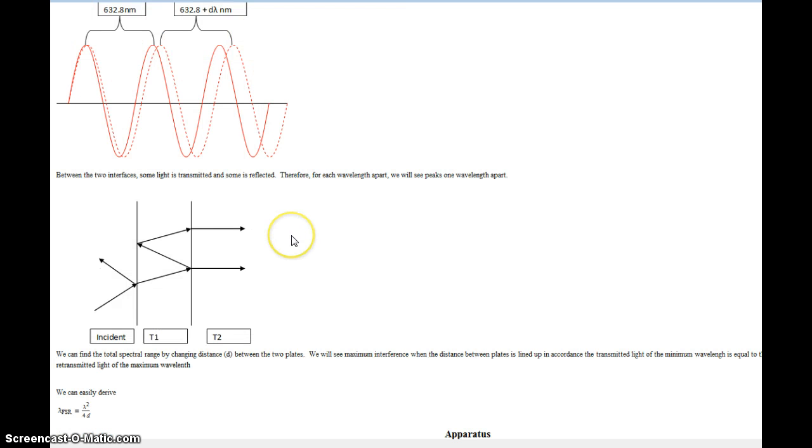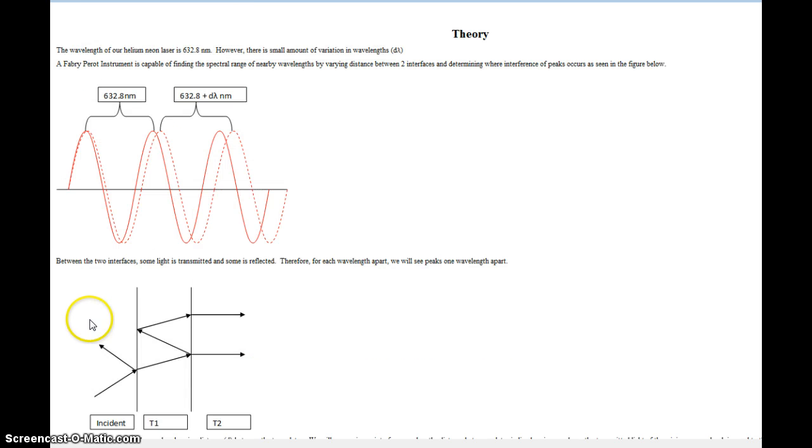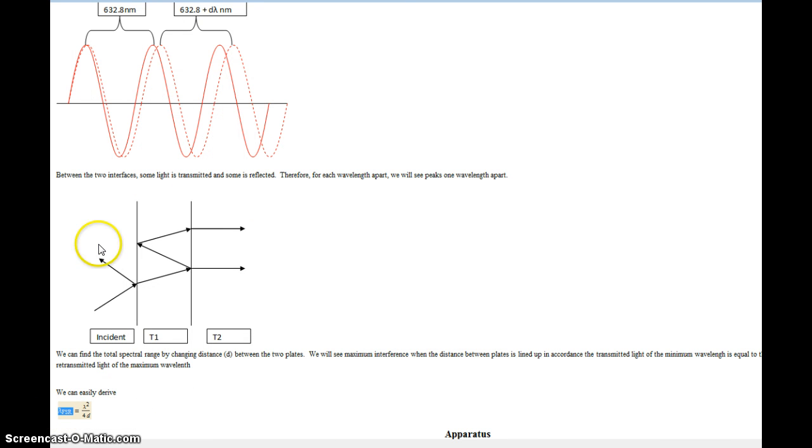So we can easily derive, which I don't have the derivation here, that the free spectral range wavelength is the wavelength squared, that is 632.8 nanometers squared, divided by 4d.